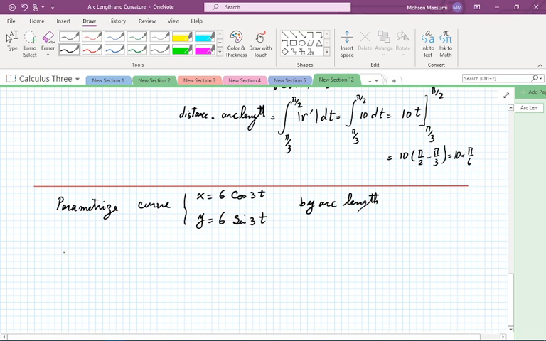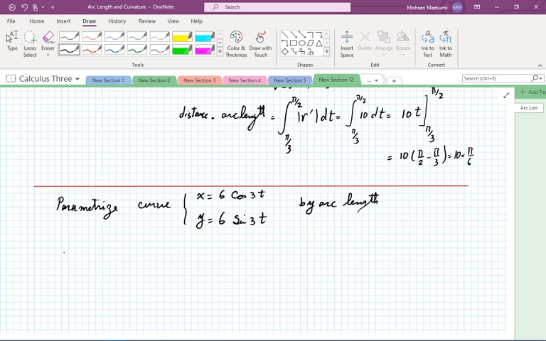And if you want to parameterize by arc length, you want to specify what is your 0 point, what's your starting point, and also in which direction to travel.